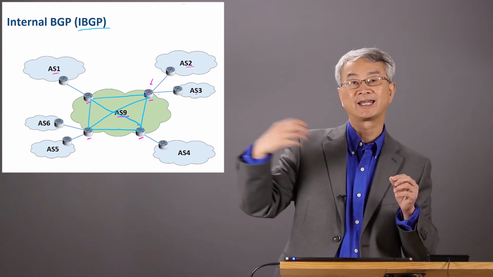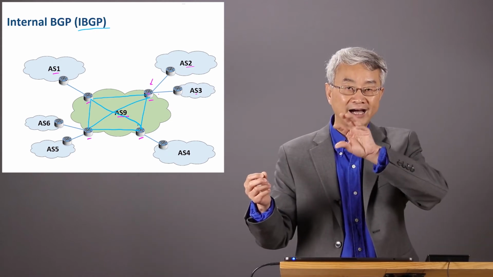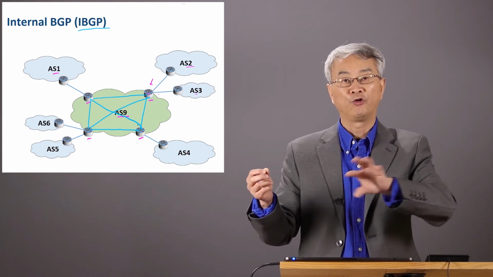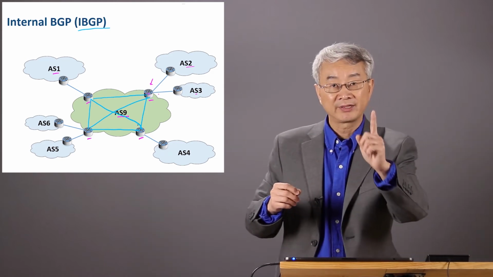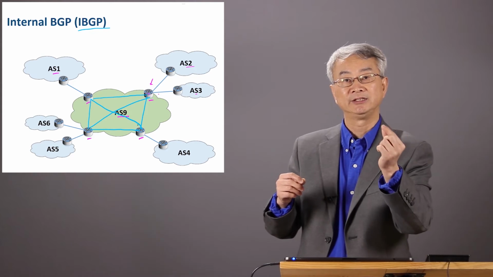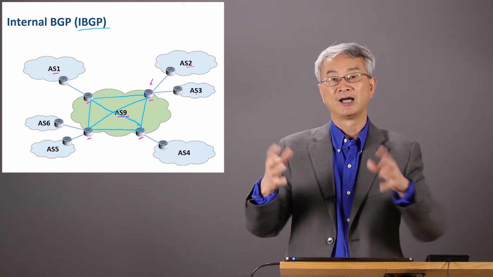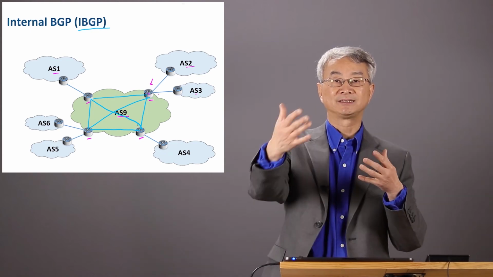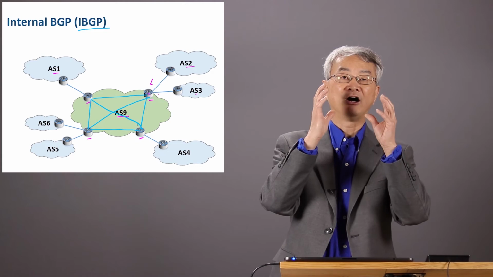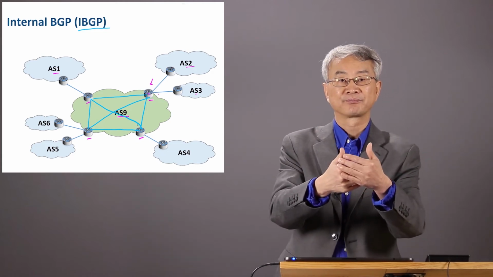Whatever information they get from the outside world, if they pick the best path, they are going to use iBGP to forward this to its peers internally. Now the only thing that is different here is if I forward this path to the outside world, I'm going to add myself at the front. Right? If I'm sending to you, on the AS path, my number is going to be at the front.